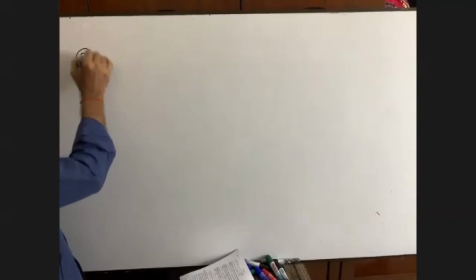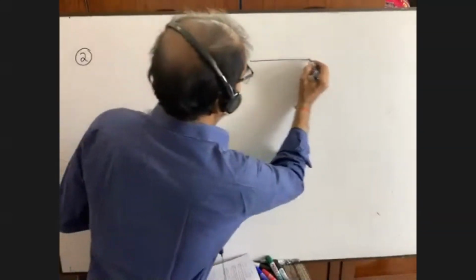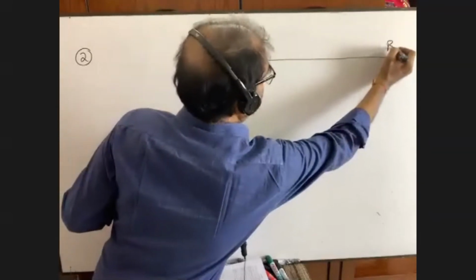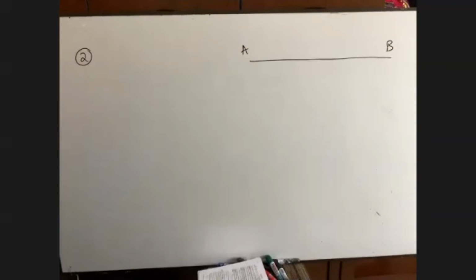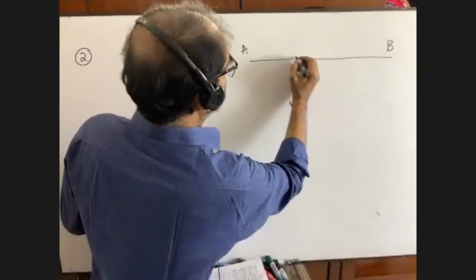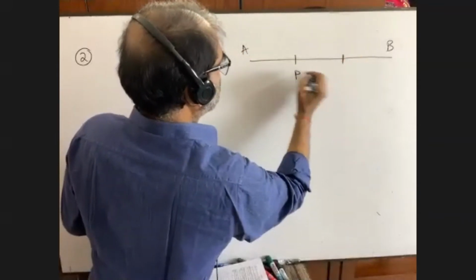Write down question number 2. The line segment AB is trisected at the points P and Q. It is P, it is Q.